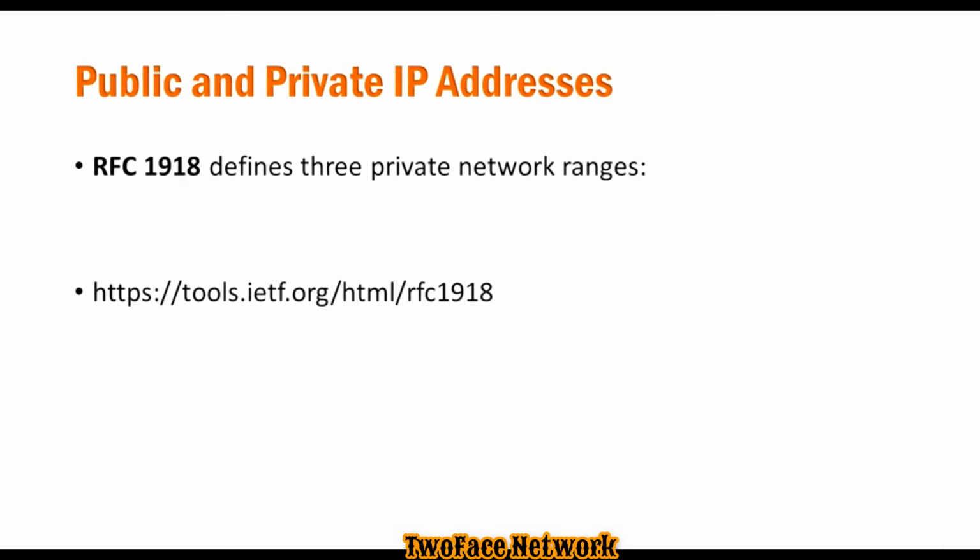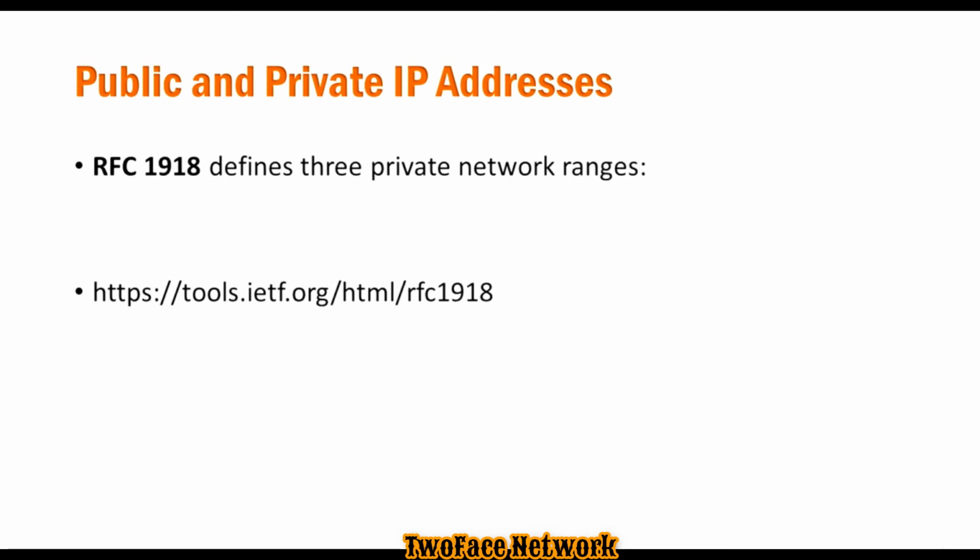Other than that, we also have 3 private network ranges. These are defined in the RFC 1918. RFC stands for Request for Comments, and these are the documents where you'll find pretty much all of known network and other computer-related standards.